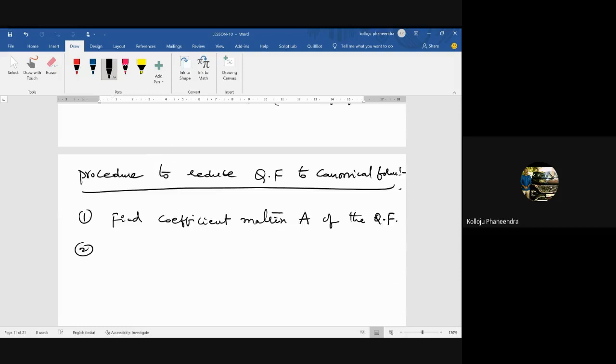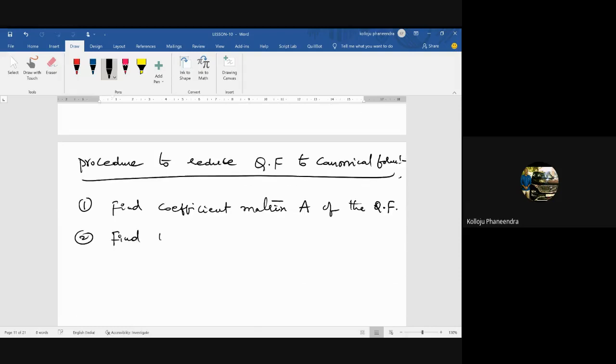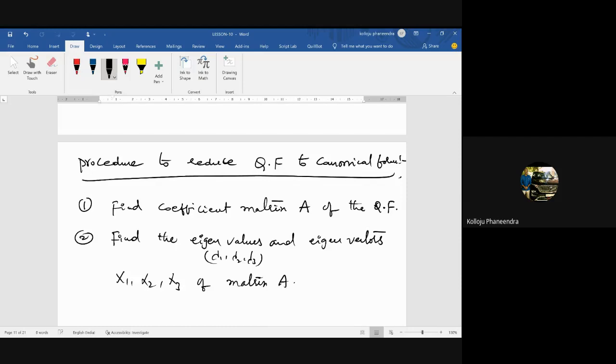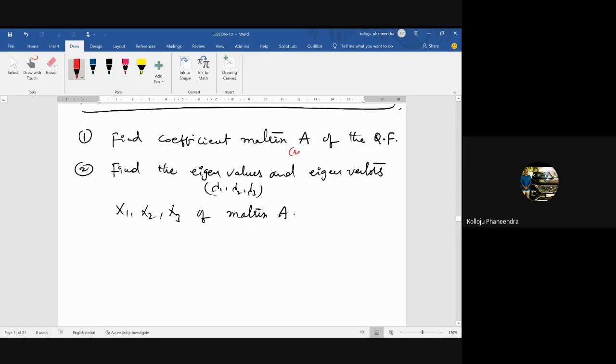Step 2, find the eigenvalues lambda 1, lambda 2, lambda 3 and eigenvectors x1, x2, x3 of matrix A. Always remember, A is a real symmetric matrix for a quadratic form.